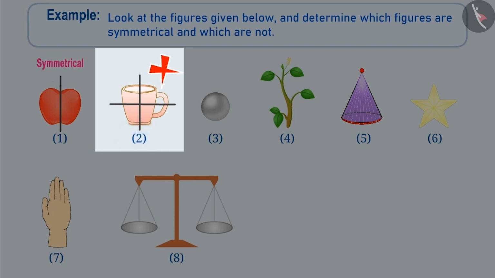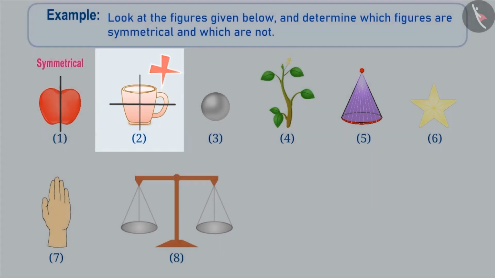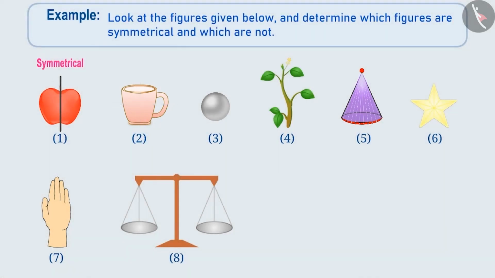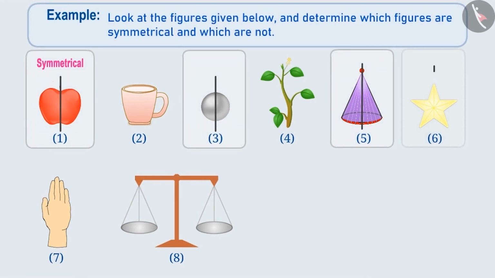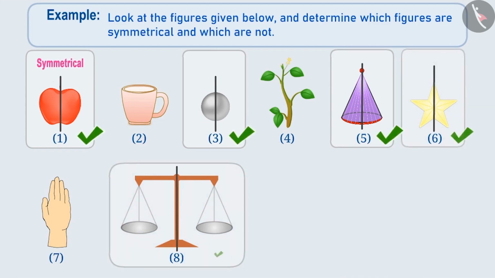Thus, the second figure is not a symmetrical figure. Similarly, we see that like figure 1, figure 3, figure 5, figure 6, and figure 8 are also symmetrical figures. Unlike figure 2, figure 4 and figure 7 are not symmetrical figures.